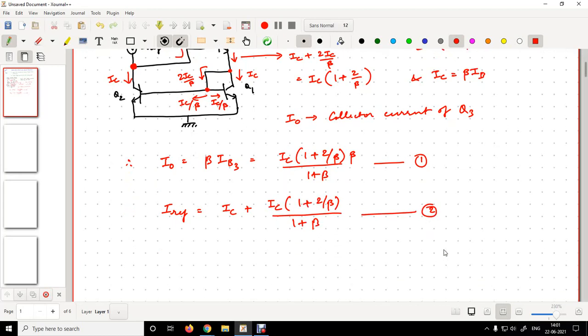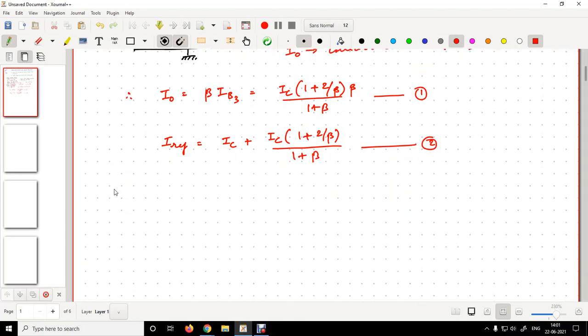Therefore, equation 1 divided by equation 2 should give me I naught by I reference, which is 1 divided by 1 plus 2 by beta divided by 2 plus beta.